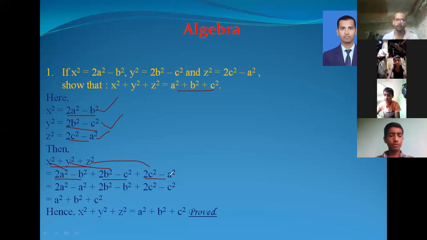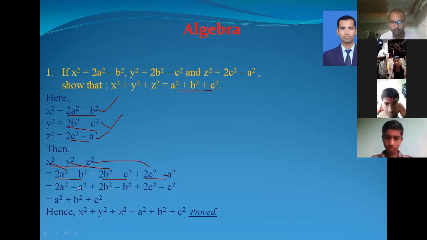So 2a square and a square are like terms. That's why we arrange 2a square with a square, and in front of a square there is a minus sign. So we write 2a square minus a square.